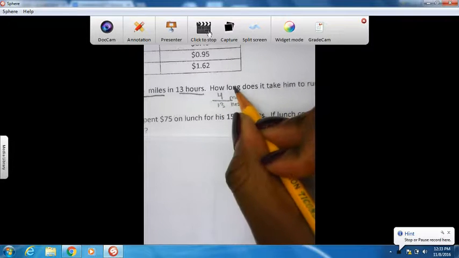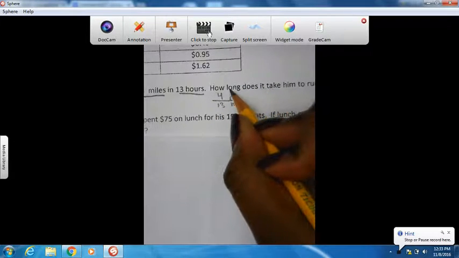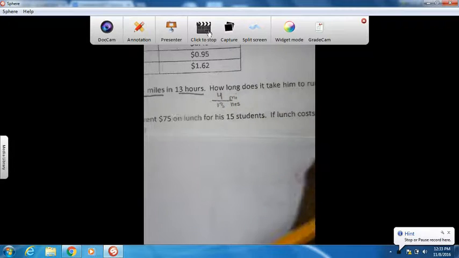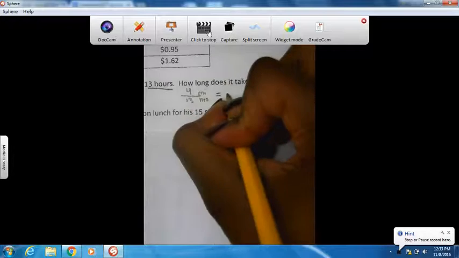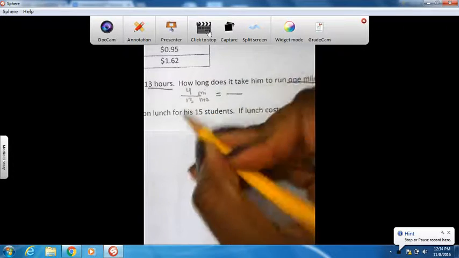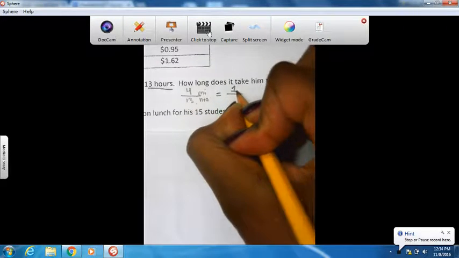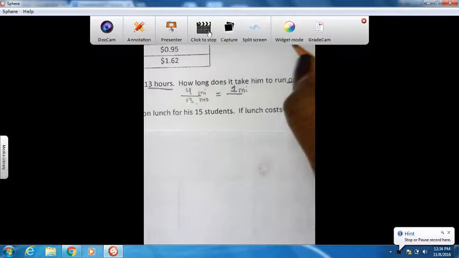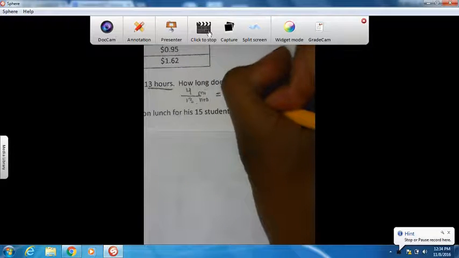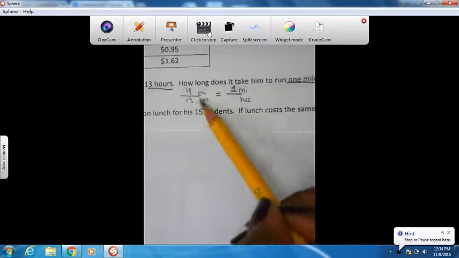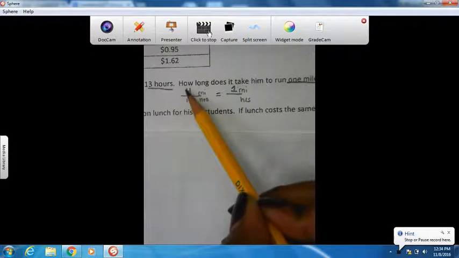But the question is how long, so that's time, how long does it take him to run 1 mile? We want to know, what would the relationship between miles and hours be if it was going to be 1 mile? So there are a couple of things that you can do to figure out the hours. You can cross multiply and divide, or you can scale.